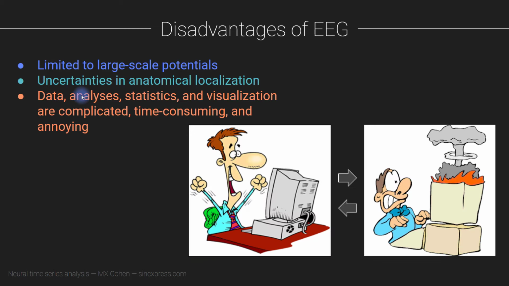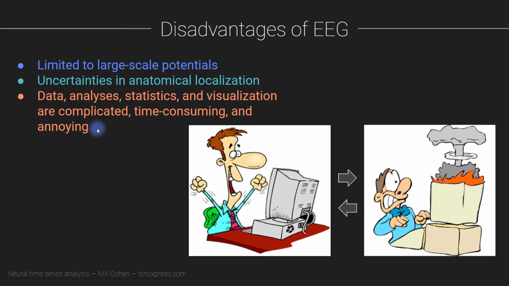Okay, another disadvantage is, well, this is the flip side of what I mentioned as an advantage, and that is that the data are really complex. They are multidimensional. There's a lot of signals, there's a lot of noise that all get mixed together in the EEG, and therefore proper data analysis, particularly physiologically inspired and relevant data analyses, are difficult, they are complicated, time-consuming, and they can be a bit frustrating.